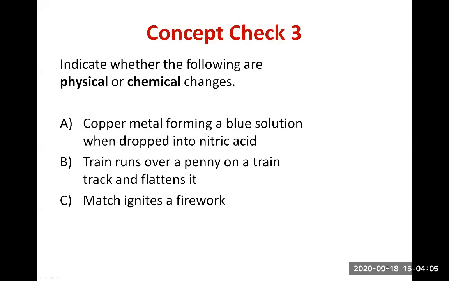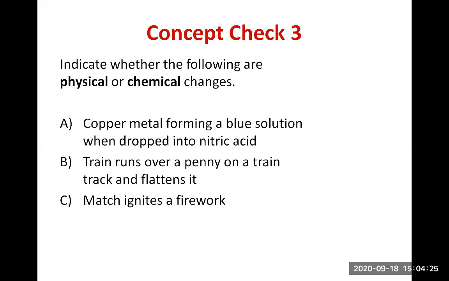So here, copper metal, we know it's a reddish, shiny metal. If you put it into nitric acid, you see that the solution becomes blue. It was not blue before. And you will probably see the metal looking black and corroded.